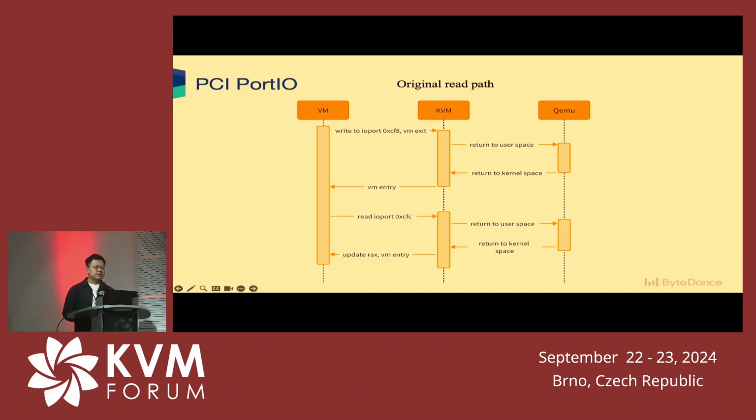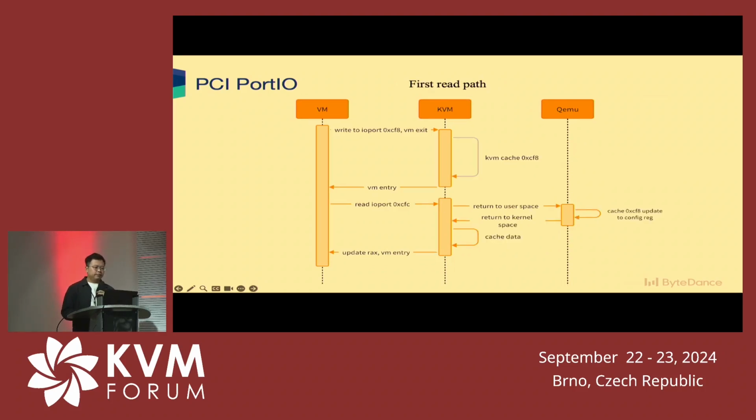It takes more time than on a physical machine, especially in the QEMU offload scenario. We have implemented an optimization solution that uses memory to cache on the KVM side to accelerate the VM's PCI config space read operations.